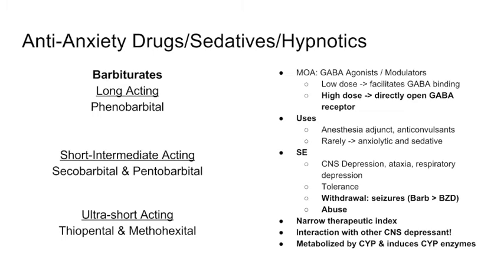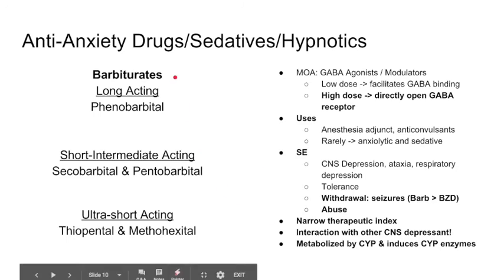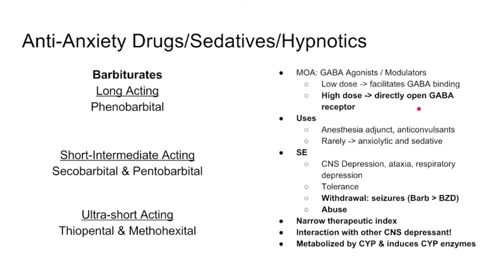So, barbiturates. These are GABA agonists and modulators as well. And it's very important to remember, at low doses, we're facilitating GABA binding, but at high doses of barbiturates, we're directly opening the GABA receptor. And that's what I was going to come back to.